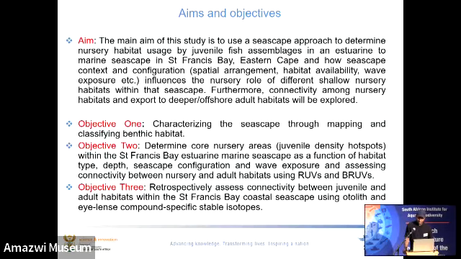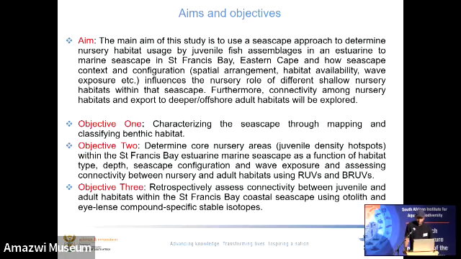We will do that through characterizing the seascape by mapping and classifying benthic habitats in the shallow water nursery potential habitats. And then we will also determine the core nursery areas, which are juvenile density hotspots within the St. Francis Bay estuarine marine seascape, as a function of habitat type, depth, seascape configuration, and wave exposure, and assess connectivity between nursery and adult habitat using RUVs and BRUVs.